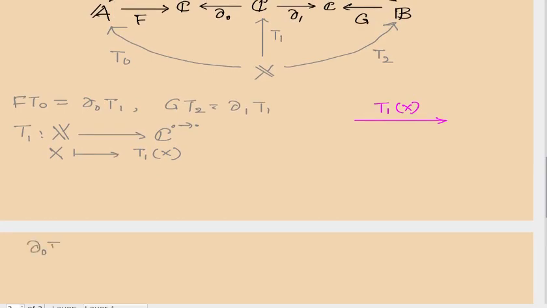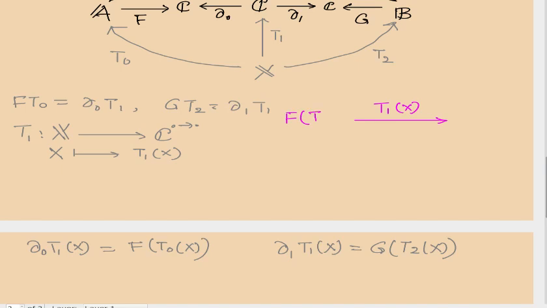That's the domain of T1x. But this is the same as F of T0x. And similarly, the codomain of the morphism T1x is G of T2x. Remember, T0 and T1 and T2 are also functors.